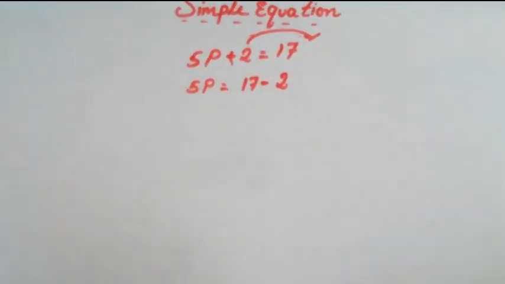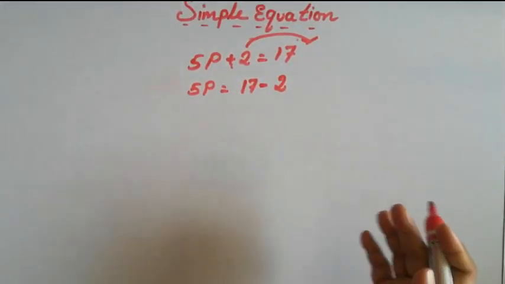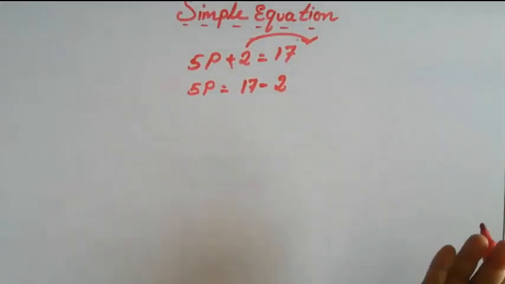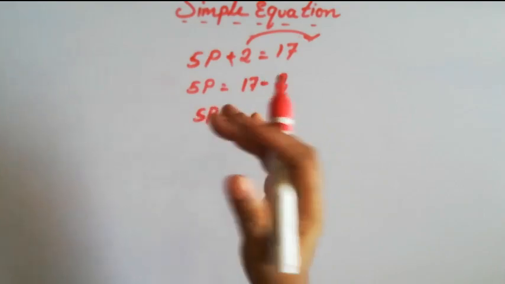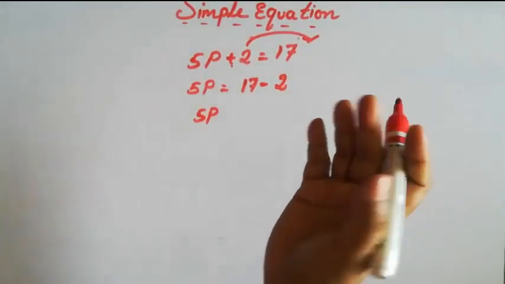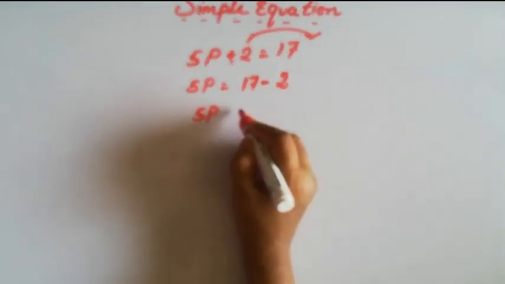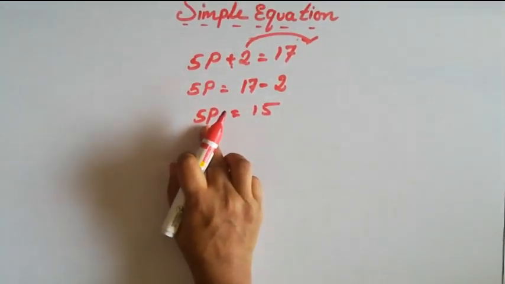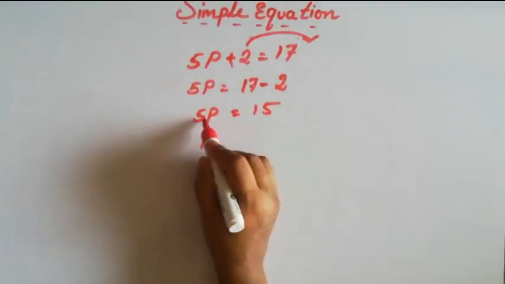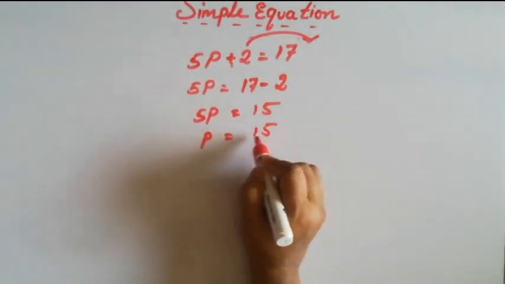If it is plus, it will become minus. If it is minus, it will become plus. If it is multiplication, it will become division. If it is division, it becomes multiplication. Whenever you are taking a term to either side of the equation, it will change its sign. So it is 15. Now it is multiplication, so it will change its sign. If it is multiplication, it becomes division.